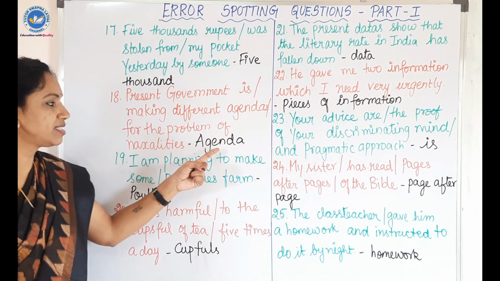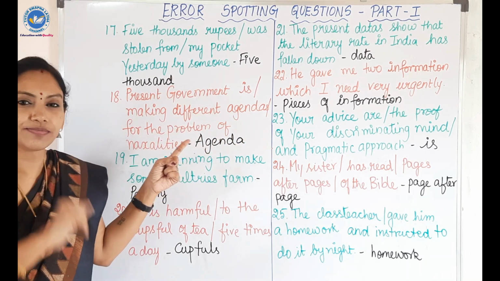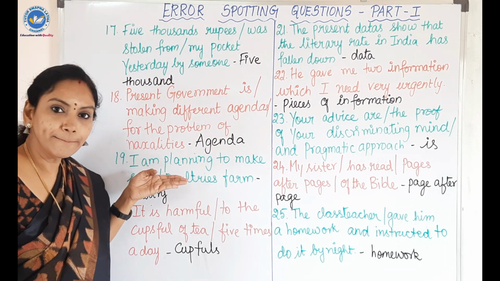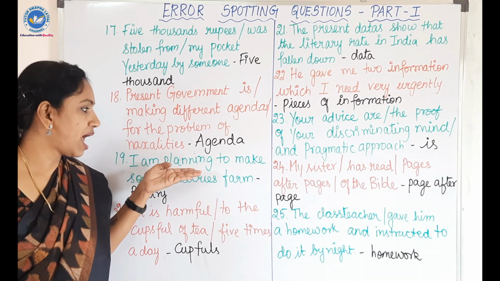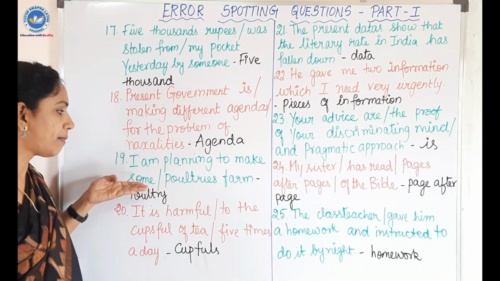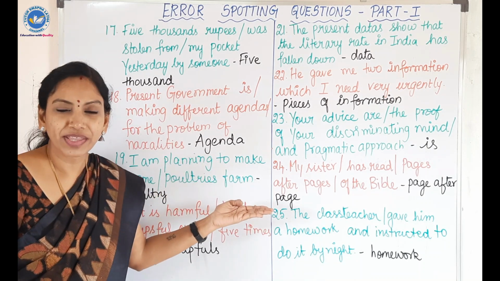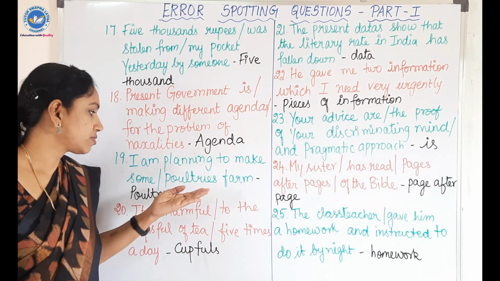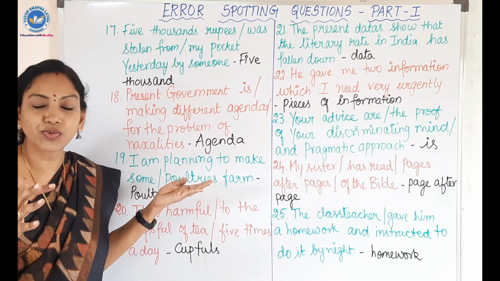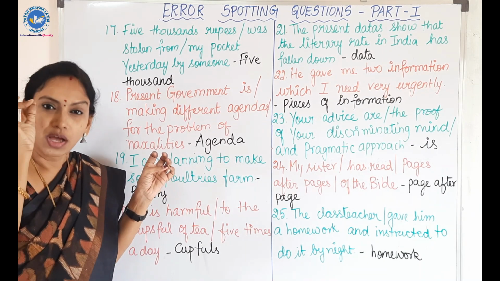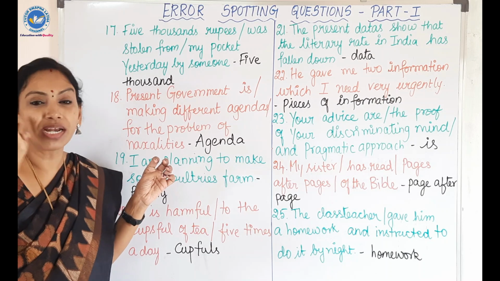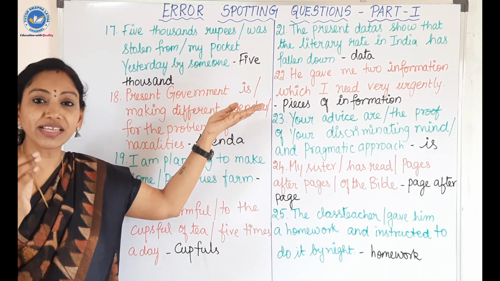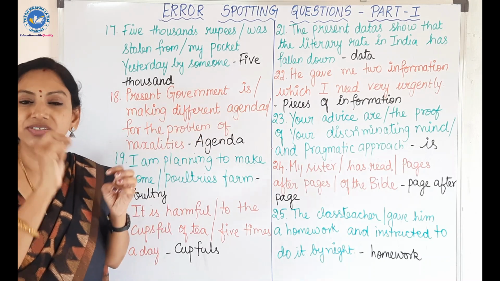So you have to change it and write agenda. Okay, friends? Next, 19th. I am planning to make some poultry's farm. My dear friends, I told you in my last video, poultries, there's no such word. Some of the nouns look singular, but they are plural in their meaning. Like in my previous question, I think 18th or 17th, peasantry.